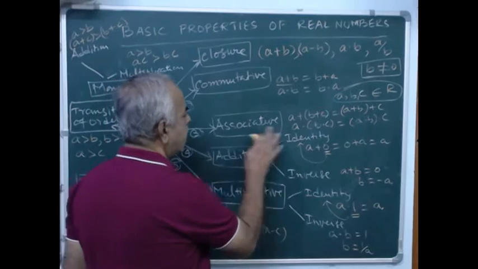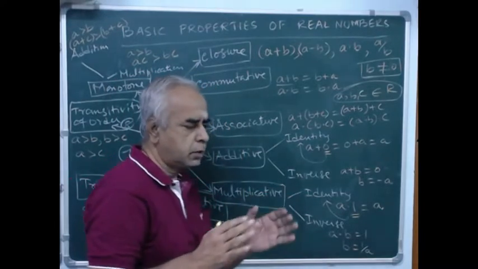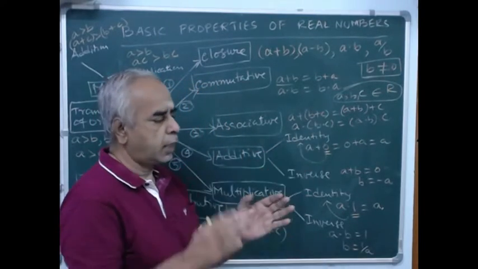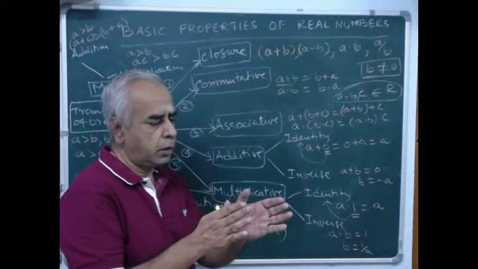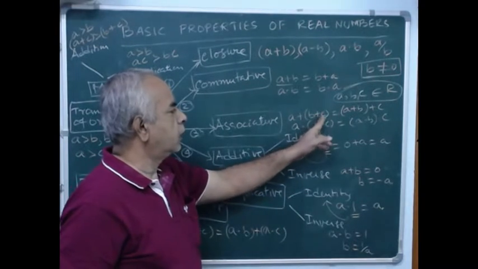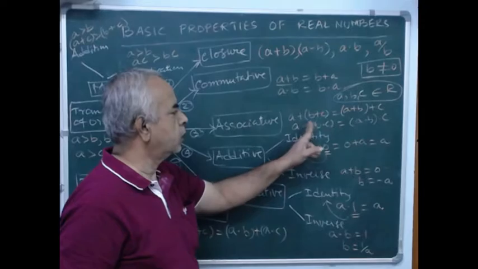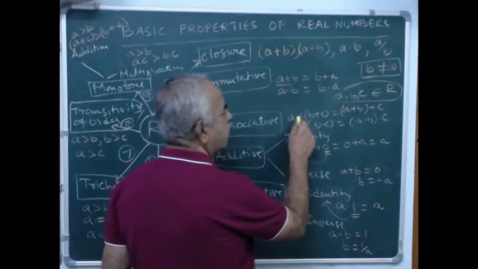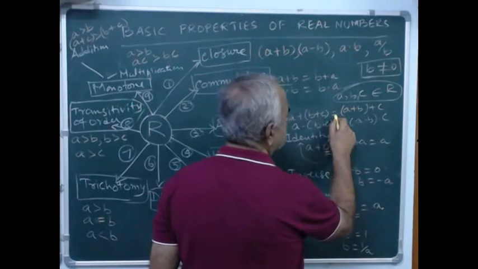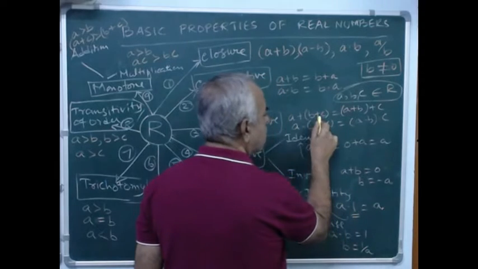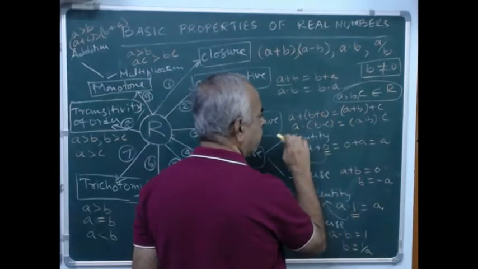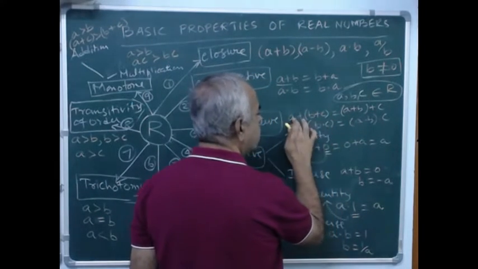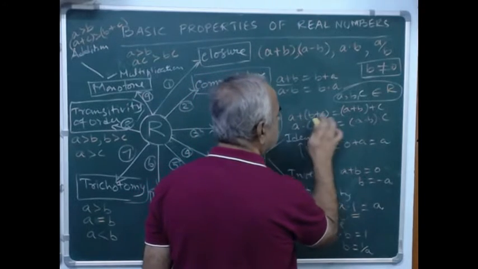Okay. Then similarly, associative law. Associative means these elements can associate either as a pair of the second and third, or the first and second. For instance, A plus of B plus C is equal to, now in this case B and C are associative. And A and B also can be associative.